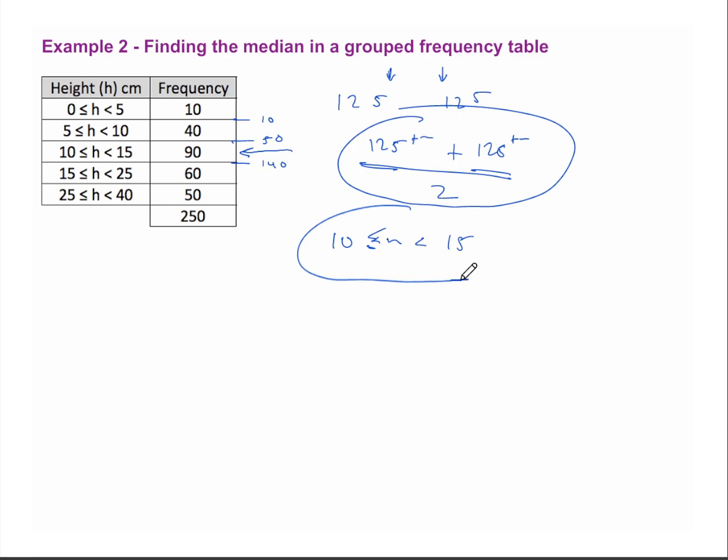Because both of our data points came under this class, the average of the two will also come under it. Therefore, our median here is going to be the class of 10 to 15 as our heights.